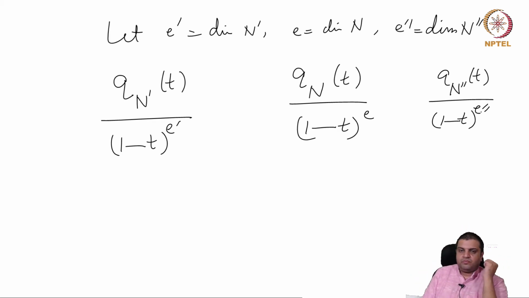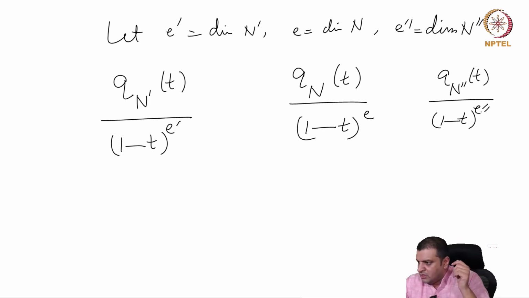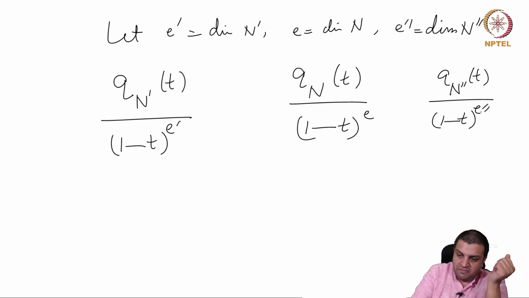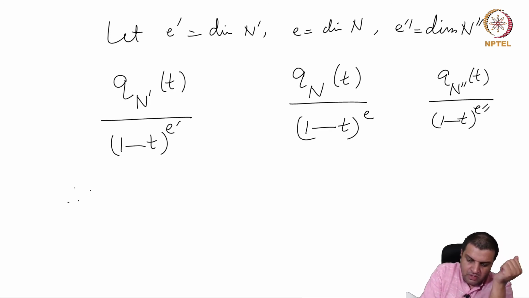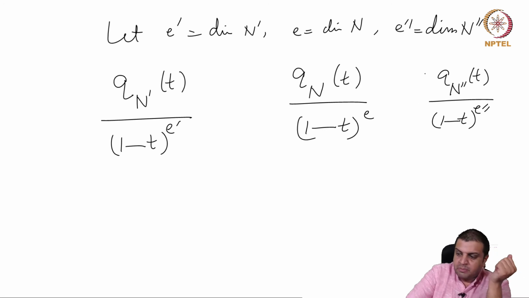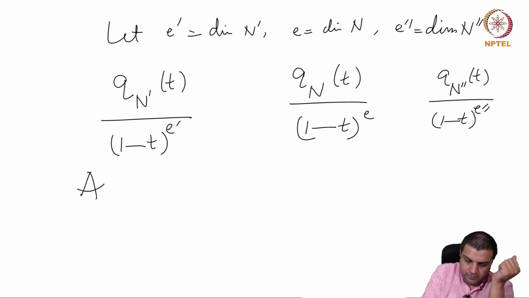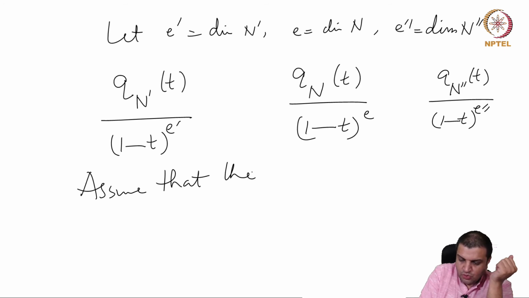Okay, we know that the Hilbert functions are additive. This we saw in the last lecture. Degree preserving maps means that the Hilbert series of M is additive. So therefore, let's assume that we know the theorem for N' and N''. Assume that the result is known.